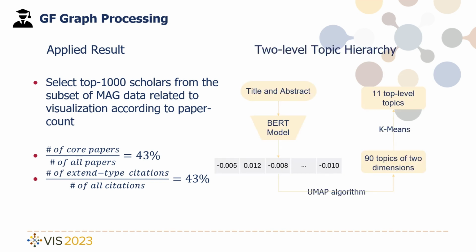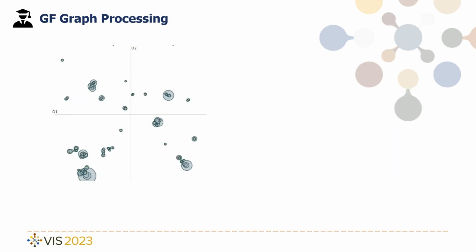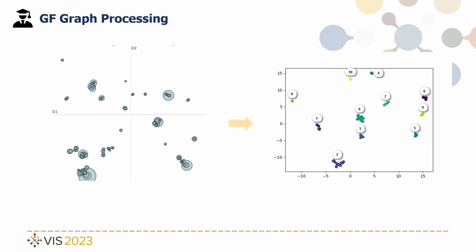Moreover, we found that the subtopics within the visualization field are not appropriately detected in MAG. We then apply the pre-trained BERT model to generate a new visualization topic list using title plus abstract information of each paper. After applying an additional clustering algorithm, 11 top-level topics are also identified, forming a two-level topic hierarchy.